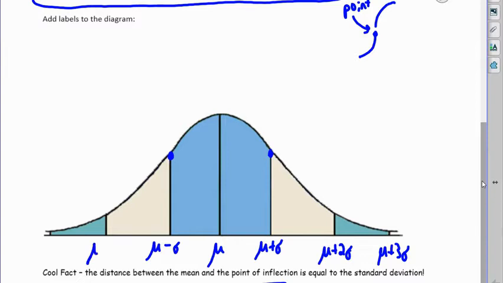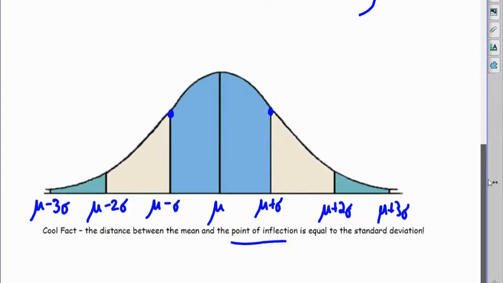Now remember, z-scores measure how many standard deviations away you are. So what z-score would you be if you were three standard deviations below the mean? You'd be at -3. And if you were three standard deviations above the mean, you'd be at 3.